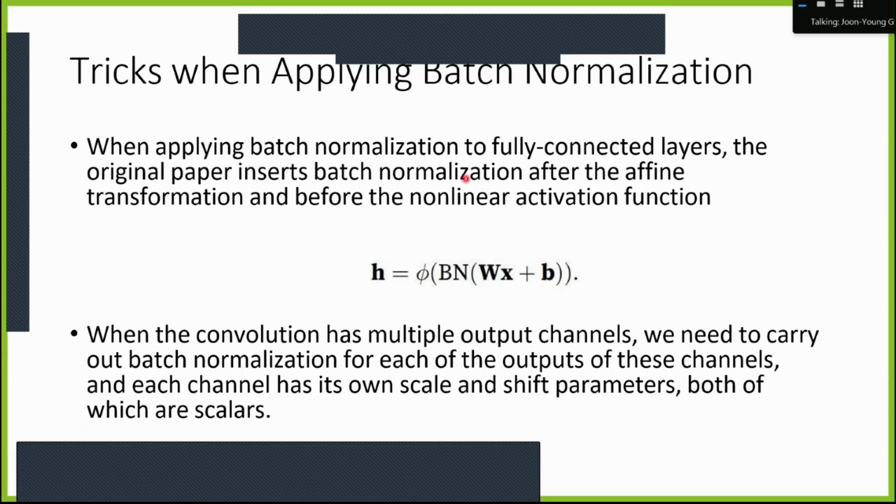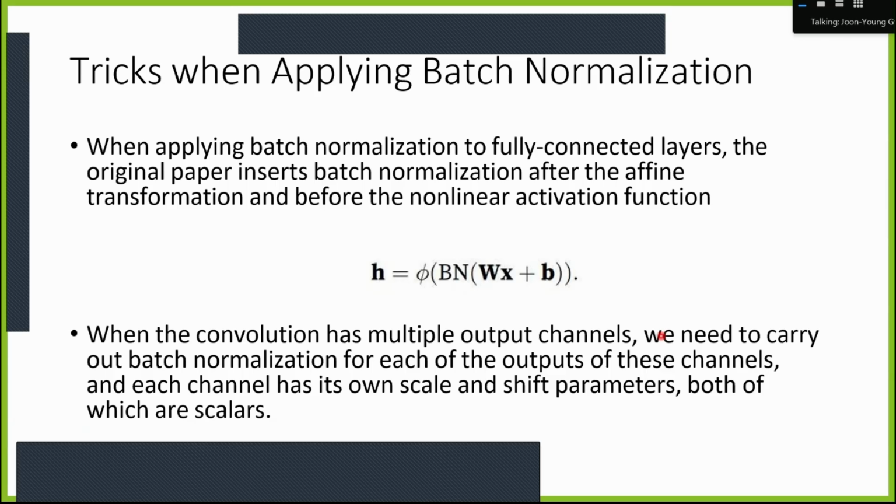The explanation that I gave you was in the context of a normal MLP, where each layer has multiple neurons and we can apply batch normalization to the output of the neurons across multiple training samples. But in the context of a CNN, batch normalization is applied at the channel level.